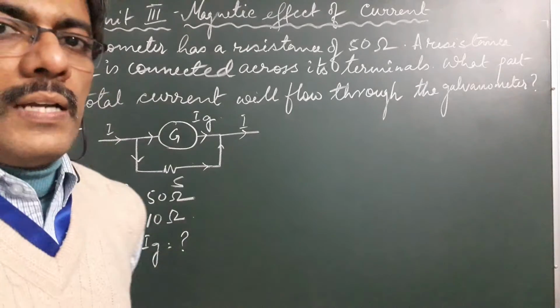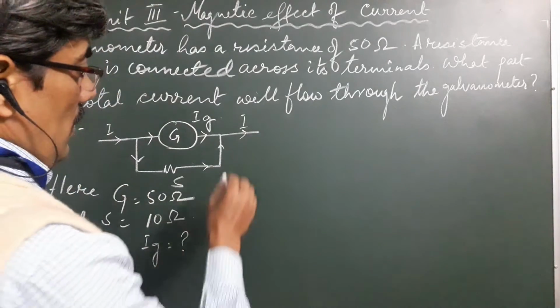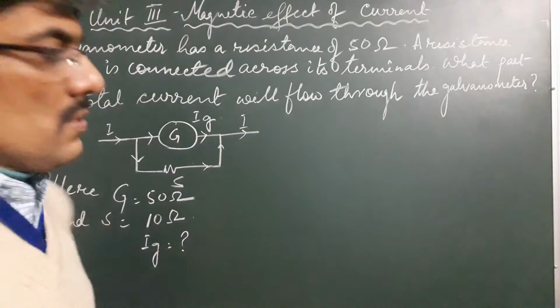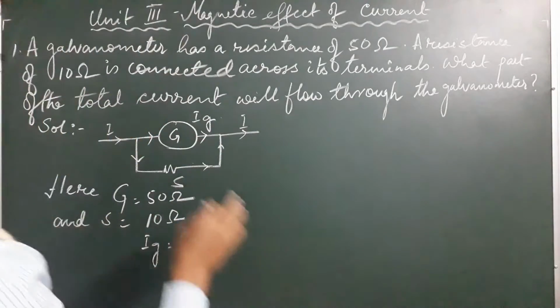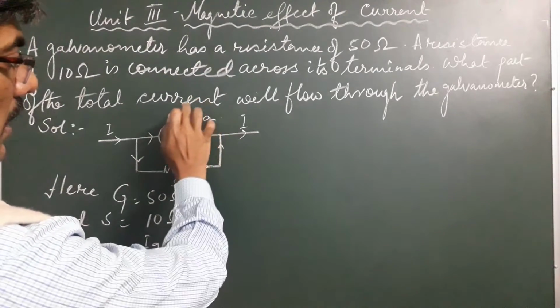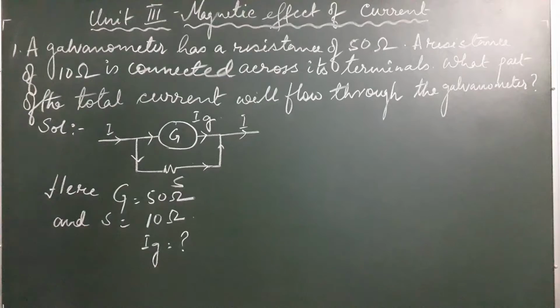Now we know that currents divide in proportion when the resistances are connected in parallel. See, this is the main current I, and a part of the current Ig is passing through the galvanometer.